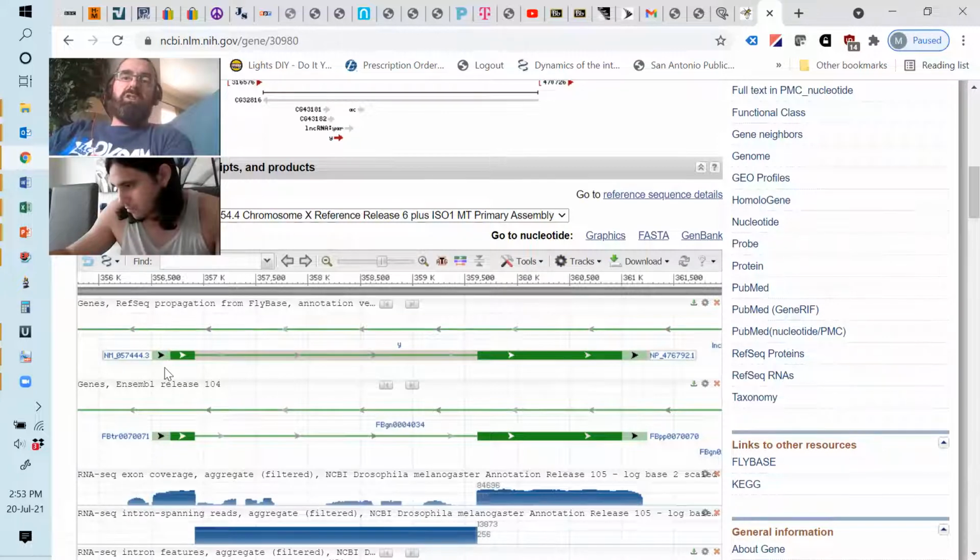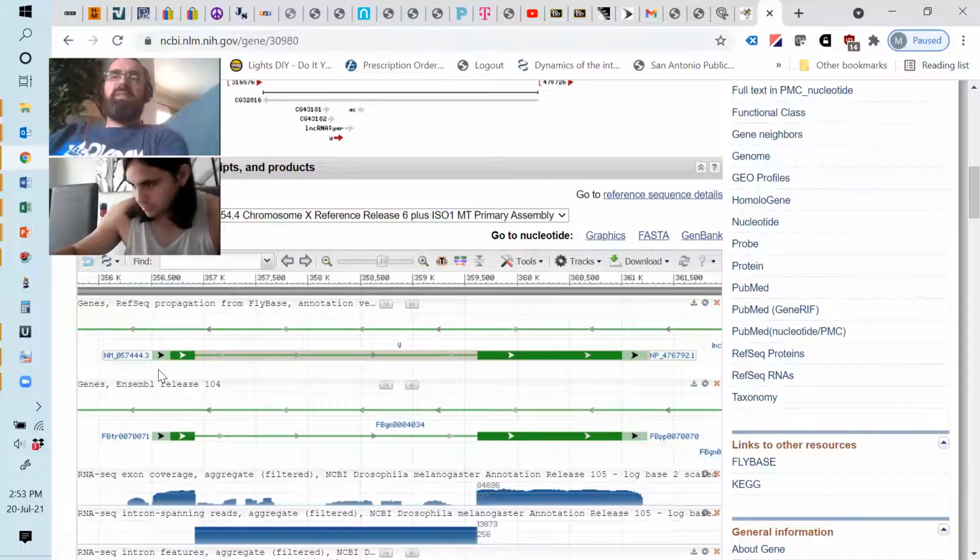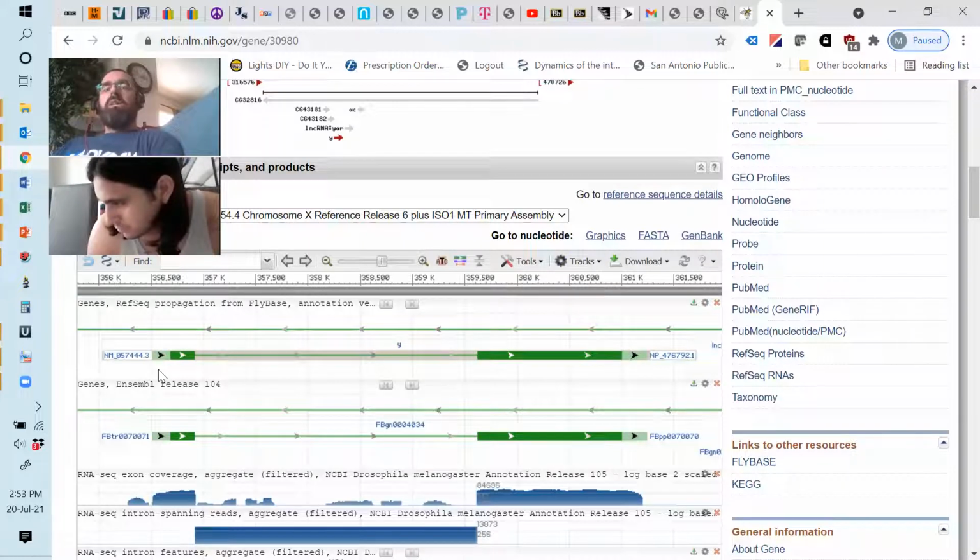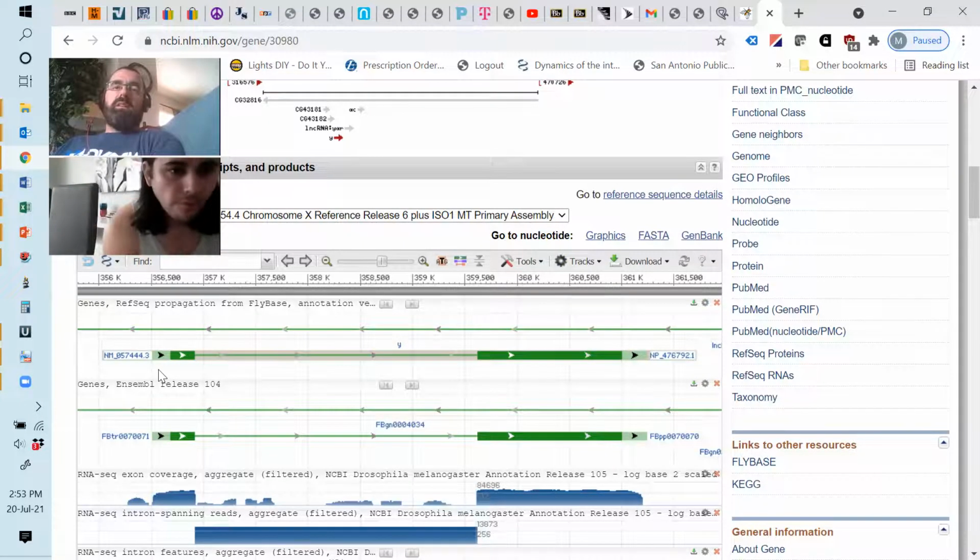Now, remember that diagram that I made of a classic, or not I, but Dr. Page made, of a classic eukaryotic gene structure? What different things are we going to have in a eukaryotic gene? What features?